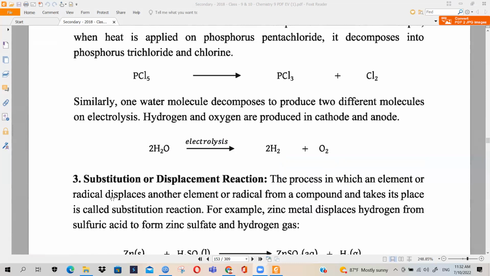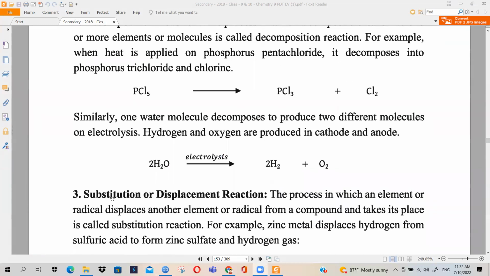Okay, the substitution or displacement reaction. As I said to you, there is a particular activity series among the elements. The element which is above in the activity series can easily replace or substitute the other elements which are in the bottom portion of the activity series, but the elements in the bottom portion cannot replace or substitute the elements which are in the upper side.